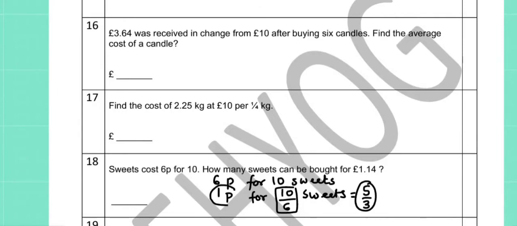Now, we have a total amount of 1.14 pounds, which means 114 pence are there with us and each pence can buy 5 upon 3 sweets.